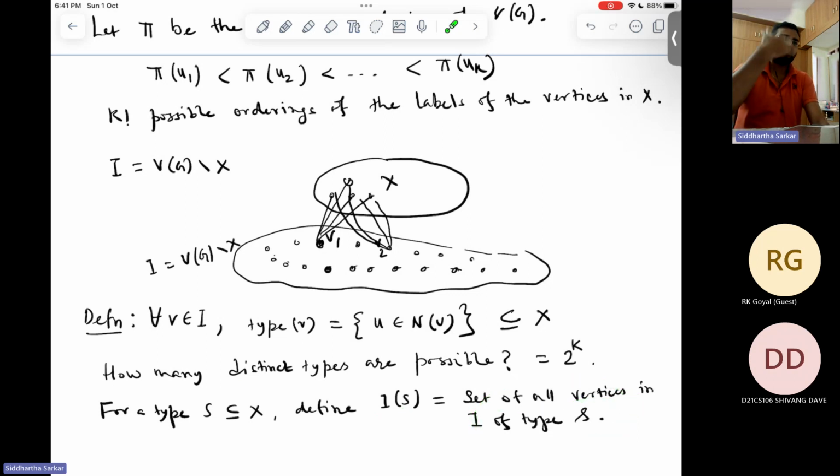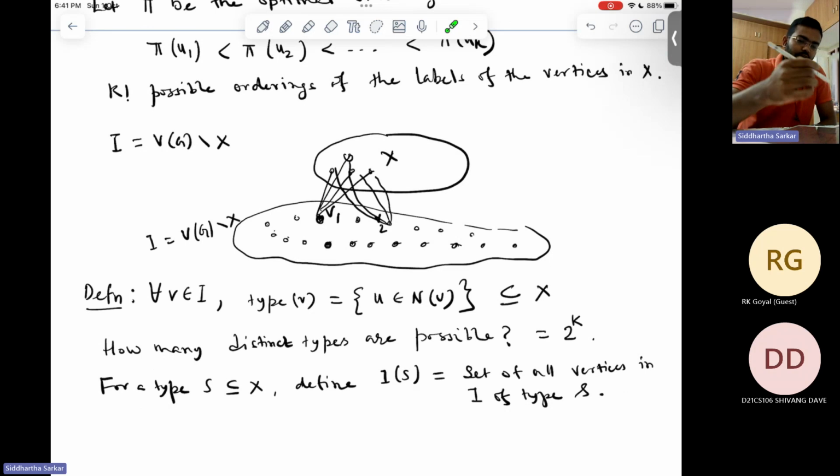In a way, it is the fingerprint concept that we had before. Vertices that have the same fingerprint are clubbed together. Fine. So now we are in business.